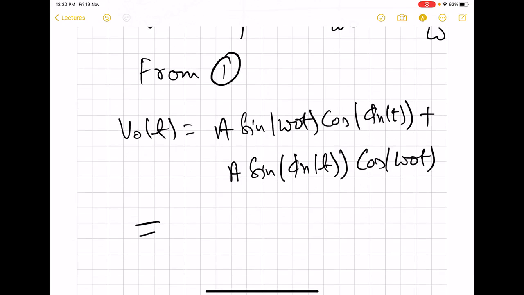So here we find that this phi n is randomly varying but small quantity.